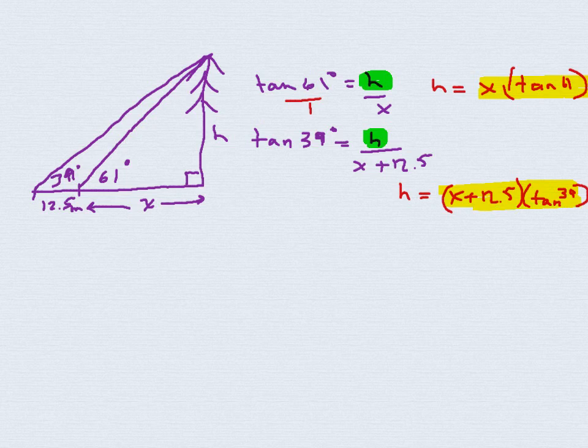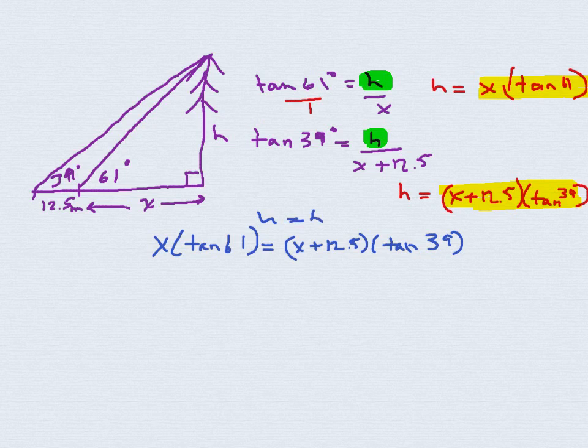Therefore, if we set them up to equal each other, we can make a new equation that says x times the tan of 61 should equal the same thing as x plus 12.5 times the tan of 39. h is equal to h, so what's equal to h should equal what's equal to h.